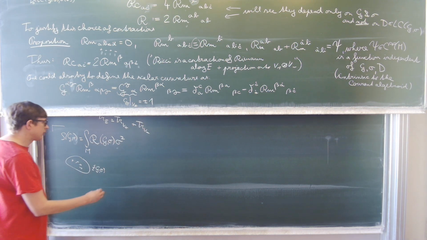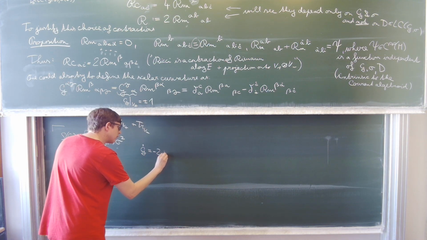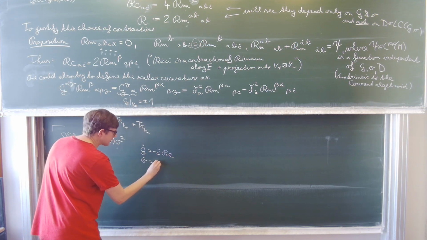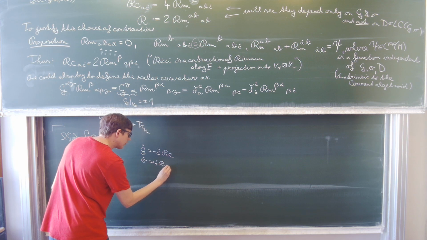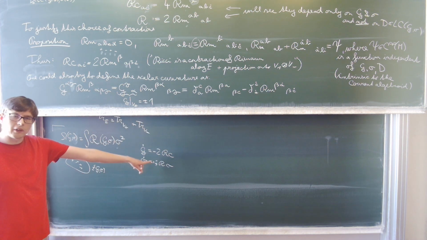And in particular, there will be a natural way to interpret this. There is some number which I forgot, maybe it's plus minus. So the gradient flow will actually look like this.